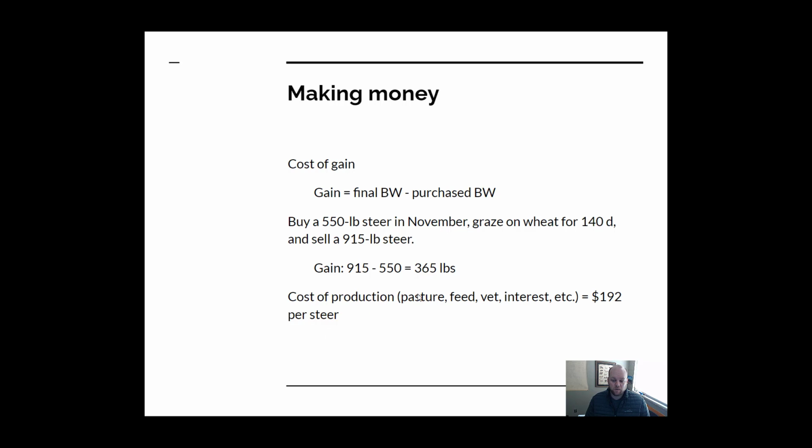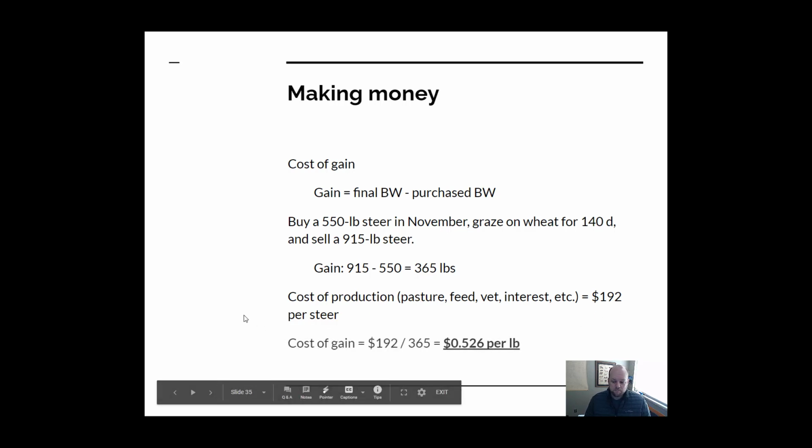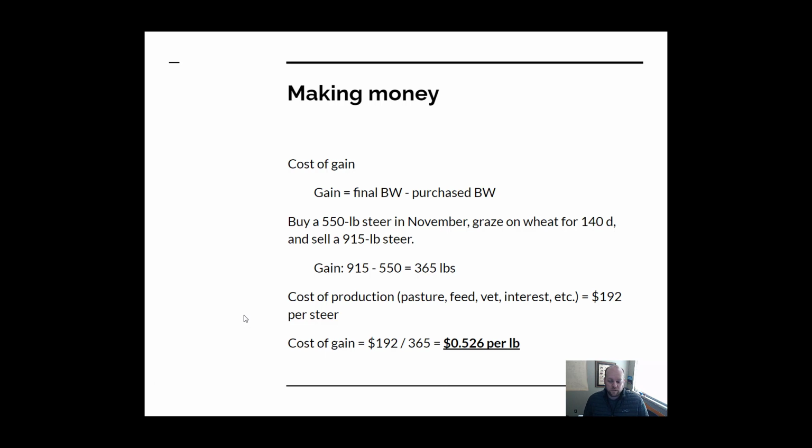Then it's pretty simple: the cost of gain is your cost of production, 192, divided by the amount of gain, 365 pounds. So it cost you about 53 cents per pound of gain to produce this animal.